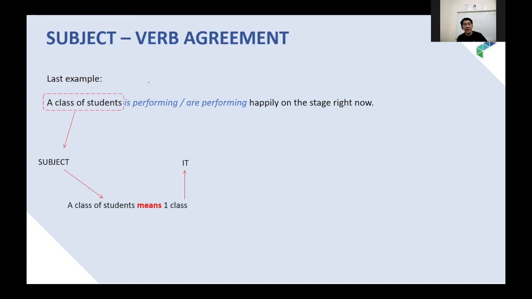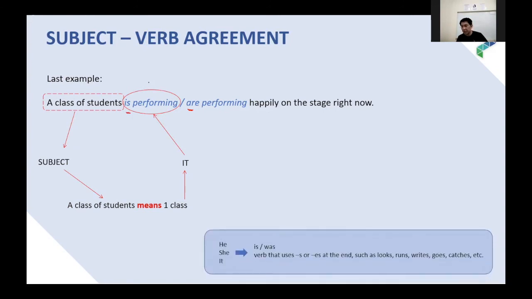And for that case, what are we choosing for it? It uses is or are. Which one is correct? Is performing. That is right. Is performing. So that's what we learned earlier from slide number 1.